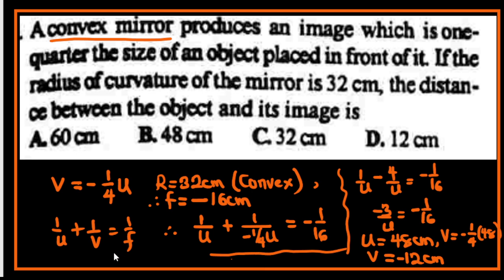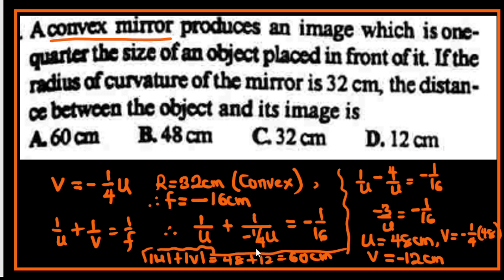Now, what's the gap between them? The gap between them is going to be U plus the absolute value of V. That gives us 48 plus 12. That's 60 centimeter. Now we explain why it is 60 centimeter using ray diagrams.